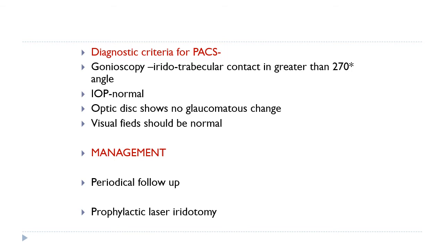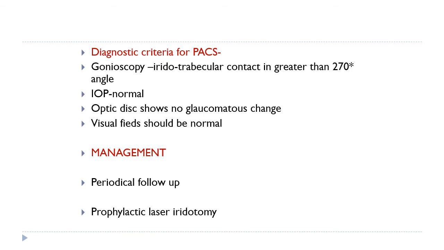And one more method is gonioscopy. Gonioscopy is the diagnostic procedure where you have different mirrors. It is just like your 90D or a 70D lens, how it is examined, but it is kept on the cornea to see the angle structures, because normally angle structures are hidden by your cornea.